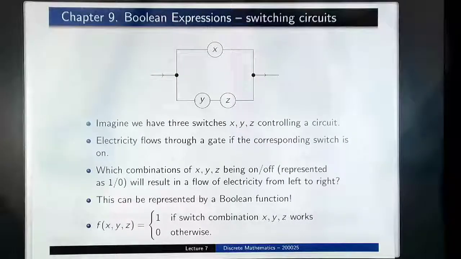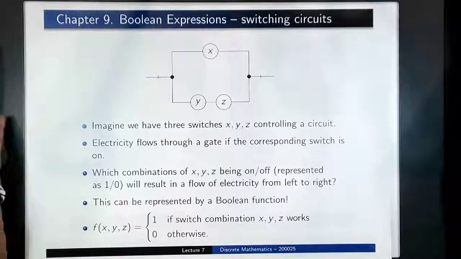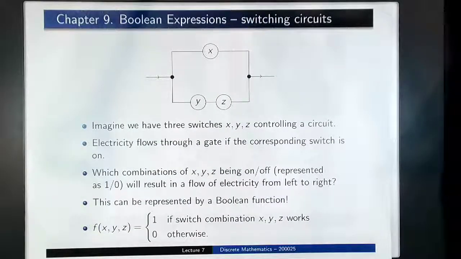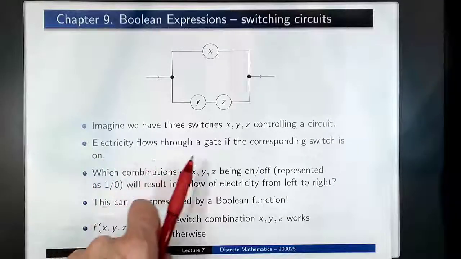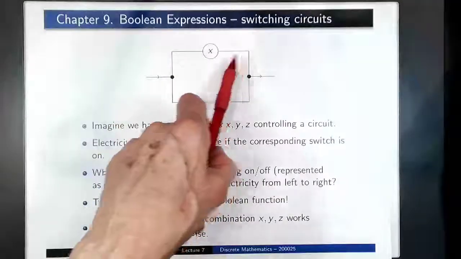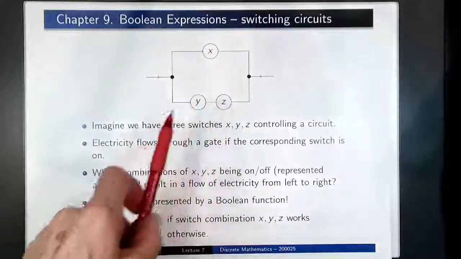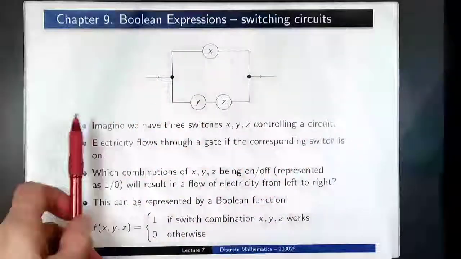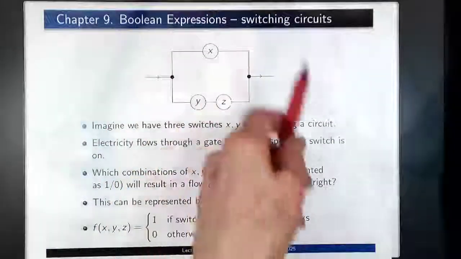Now, let's get on to something more useful. Imagine we have three switches controlling a circuit. And we'll call the switches X, Y, Z. Now, electricity flows through a gate, or a gate is a switch, if the corresponding switch is on. So I just think of these as one thing.